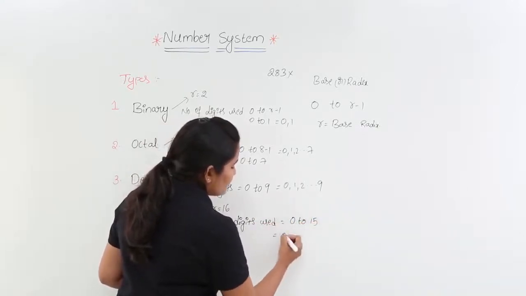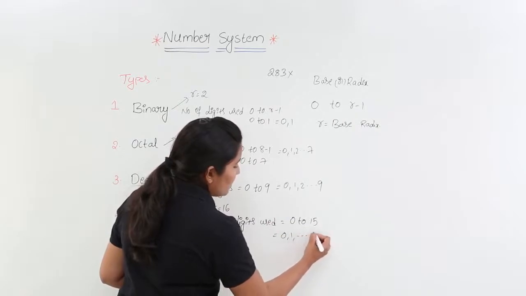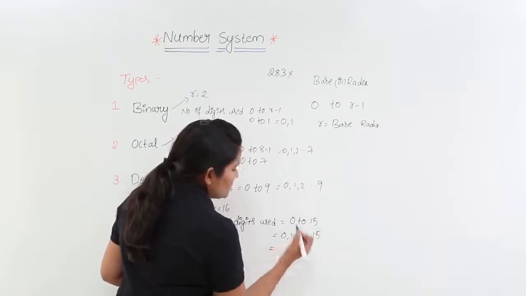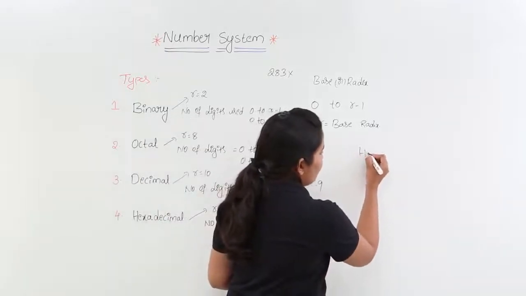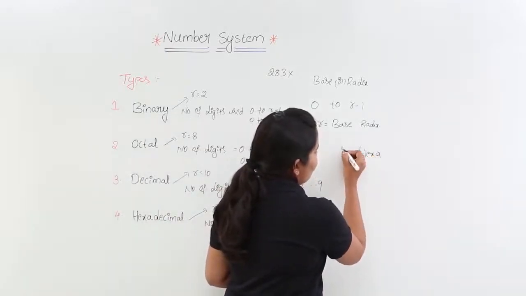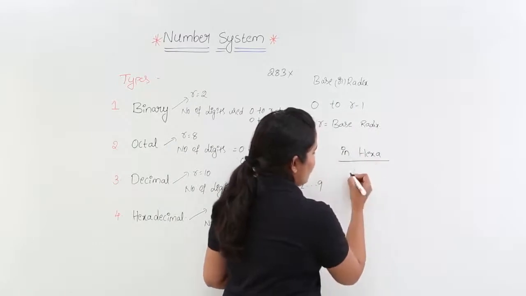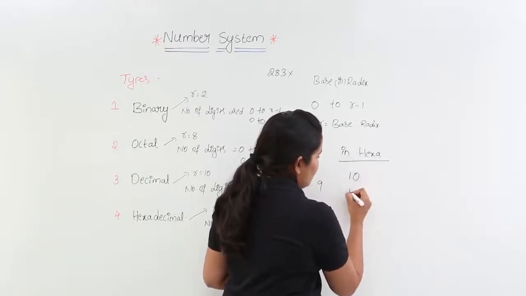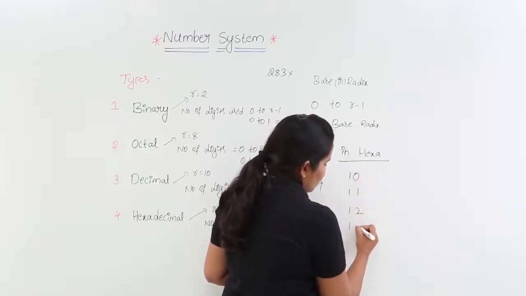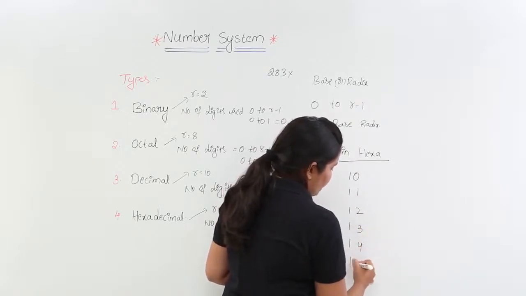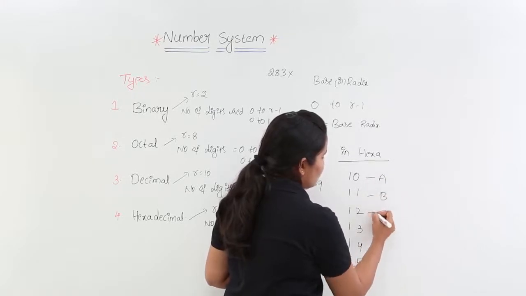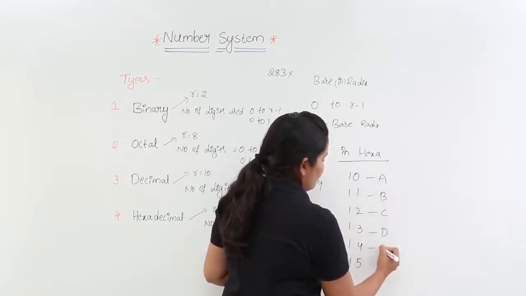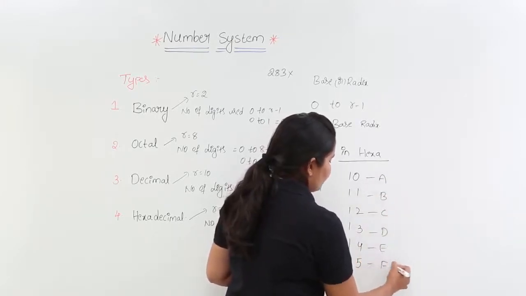That means you can use 0, 1, and so on up to 15, but from 10 onwards we have coding in hexa. In hexa we have coding from 10 onwards: 10, 11, 12, 13, 14, 15 are coded as A, B, C, D, E and F.